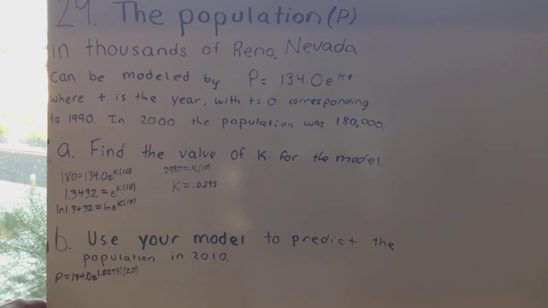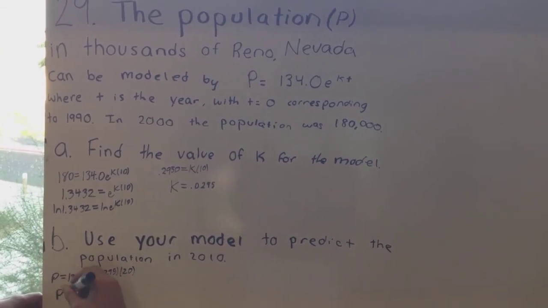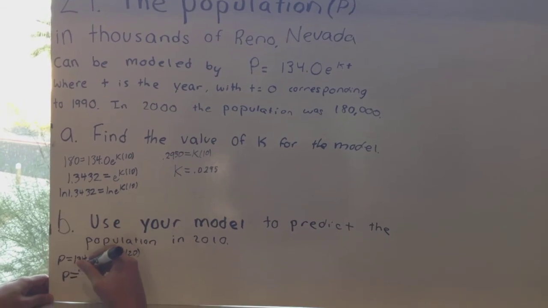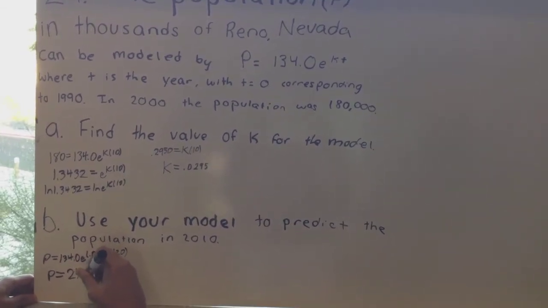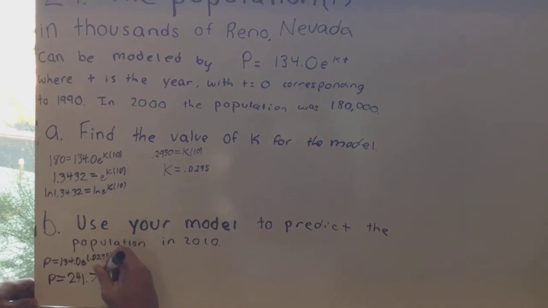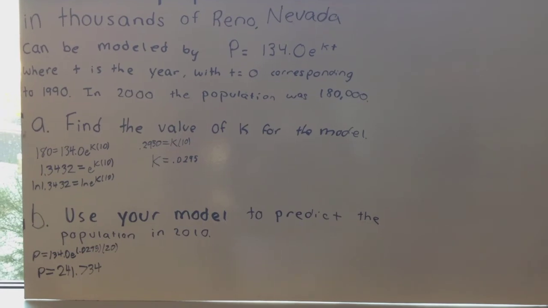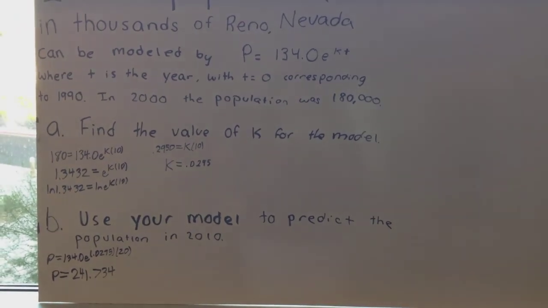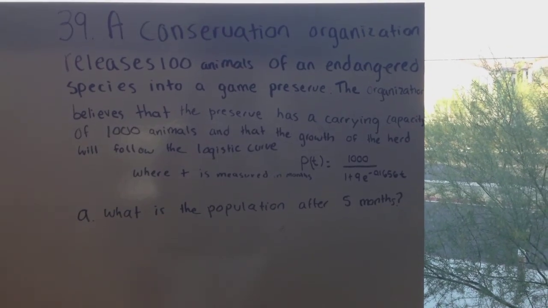Once you set up your formula, it's a matter of plugging it into your calculator, and your final answer would be P equals 241.734.